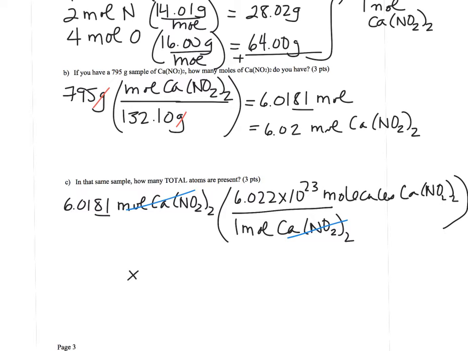And now what I can recognize is that in a single molecule, I'm going to have 1 calcium, 2 nitrogens, and 4 oxygens. So I'm going to have 7 atoms in 1 molecule of calcium nitrate.